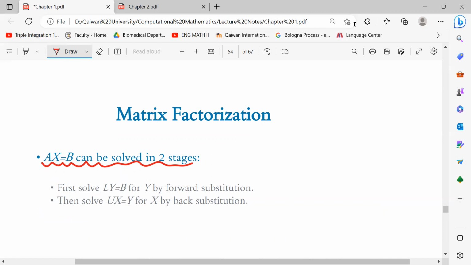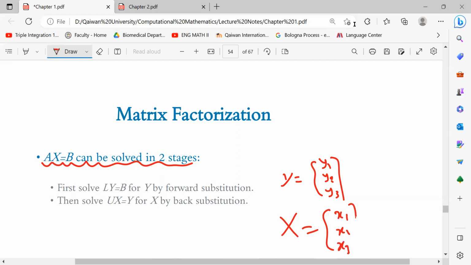Here, y is y1, y2, y3. And x is x1, x2, x3. Here, we need to find the values of x1, x2, x3. Okay? To find these, what we do?